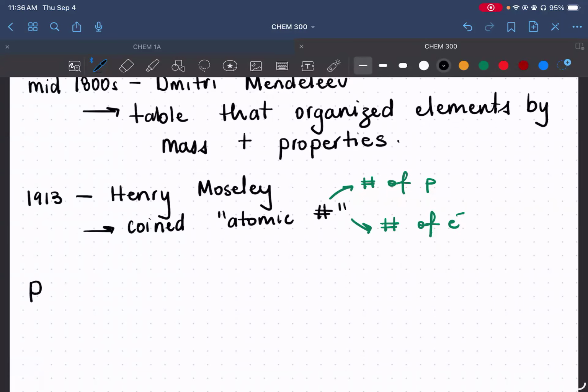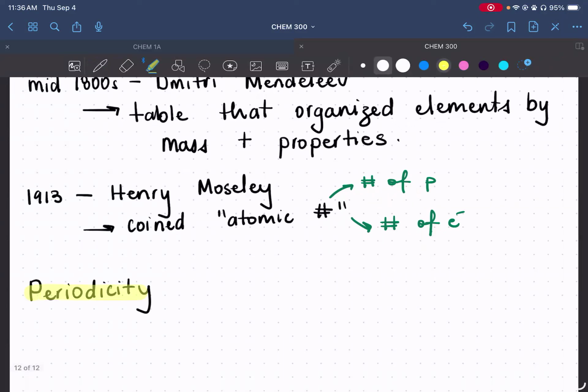This eventually gave rise to the concept of periodicity, which is where the term periodic, as in periodic table, comes from, where their observations allowed them to categorize elements and their partners.